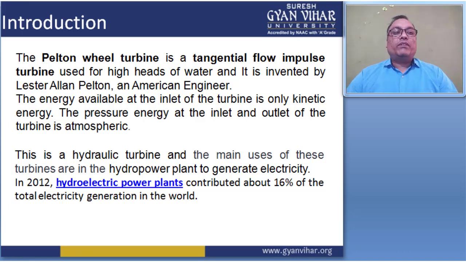So power generation by this turbine is very high, and the energy available at the inlet of the turbine is only kinetic energy, right? And the pressure energy at the inlet and outlet of this turbine is atmospheric.